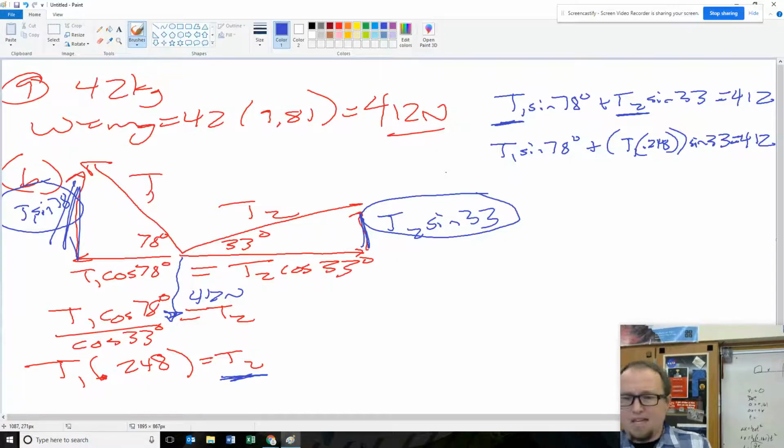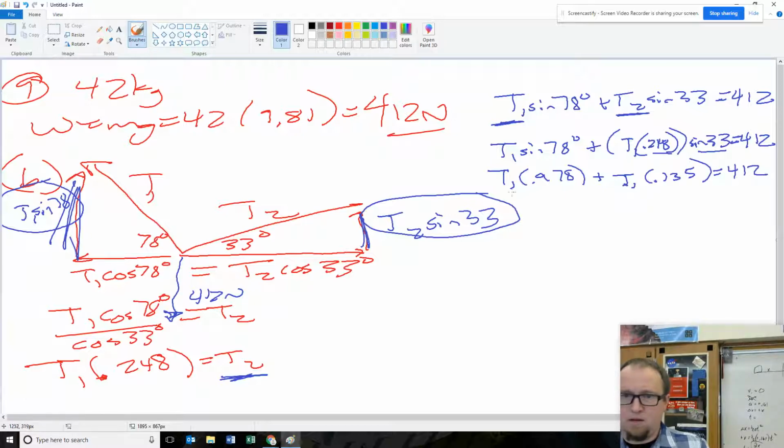Okay, I'm just going to get some numbers. Sine of 78 is 0.978. So T1 times 0.978 plus, I'm going to combine all this stuff, 0.248 times sine 33. All I'm doing is combining this and this to get T1 times 0.135.